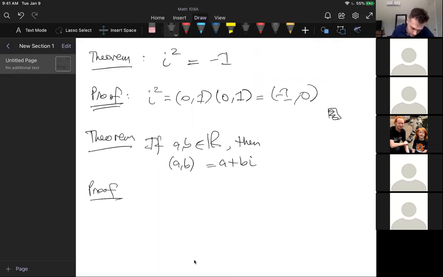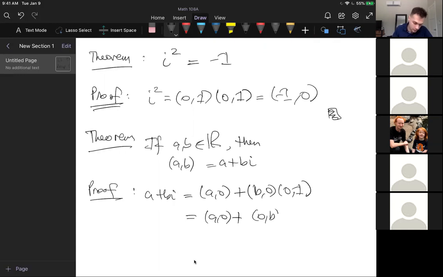So a plus bi is equal to (a, 0) plus (b, 0)(0, 1) by definition. And so then we leave the first thing alone, and then we use the product law on the second, and you get (0, b), and you get exactly (a, b), like so.